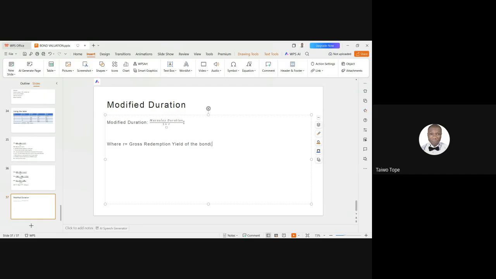When you're talking about gross redemption yield, it can be the gross interest rates of the bond. So this is how to derive modified duration.